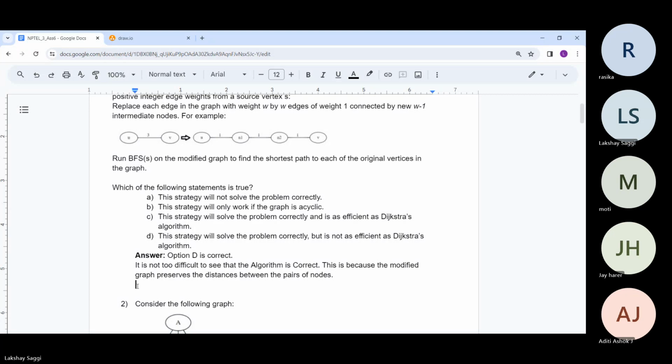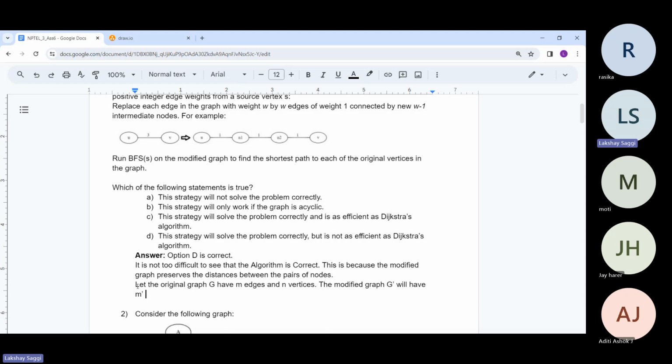So let's call the original graph G, and let it have m edges and n vertices. Now the modified graph, let's call it G prime, will have some more edges, say m prime edges, and some more vertices, say n prime total vertices.